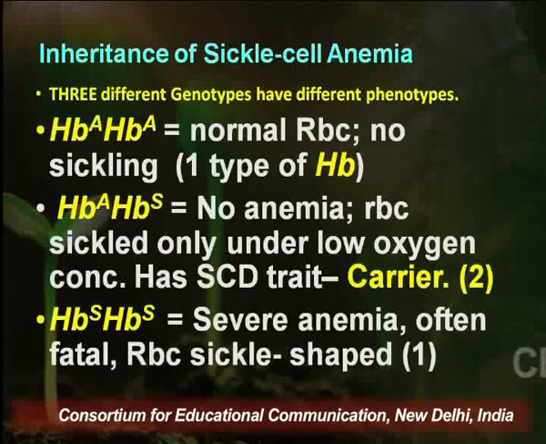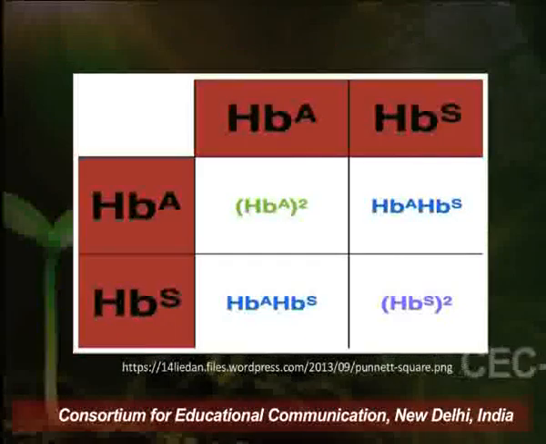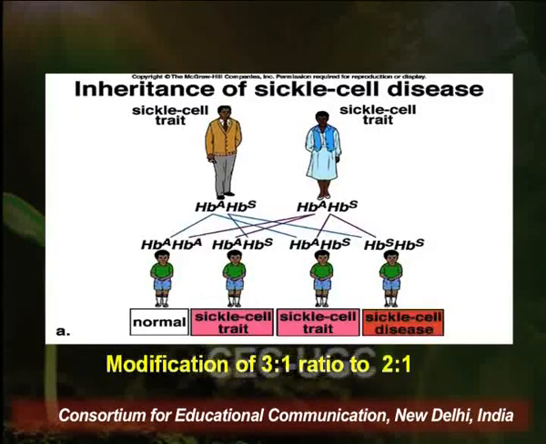HbA HbS doesn't show any anemia, but these RBCs would be sickled only under hypoxia conditions, that means when there is a low oxygen concentration. And in case of HbS and HbS, there is going to be severe anemia, and this cross which we find with sickle cell anemia would now give an inheritance of sickle cell disease.